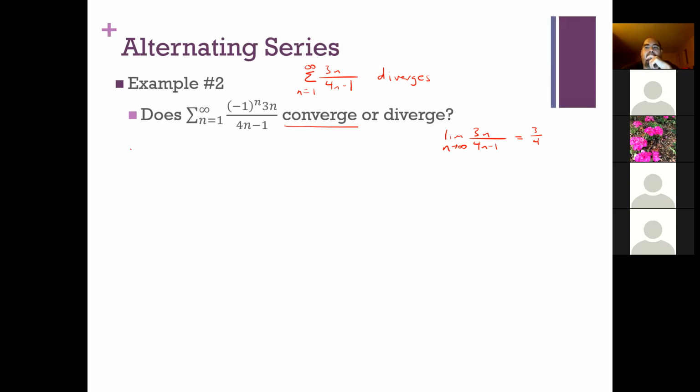Yeah, because now that you have an alternating value, we can assume that it becomes plus or minus 3/4.